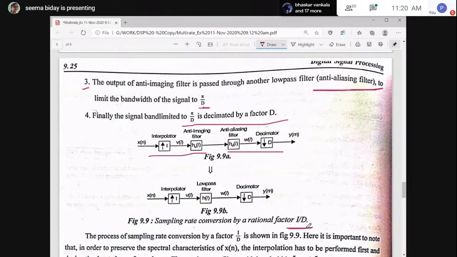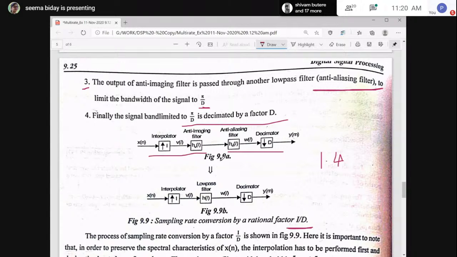You may be given a factor, suppose 1.4. Then how are you going to do it? You have to write that down. Right? Now everyone draw the block diagram. Then, instead of using two filters, one anti-imaging and another anti-aliasing, can we combine both? Yes, it is possible to combine both. You design another low pass filter HL, which is the cascade of these two.